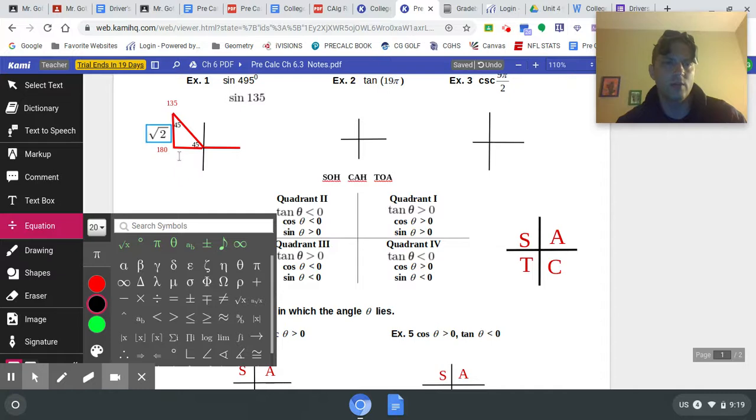That is also a root 2, but it's a negative root 2. We're going to talk more about this here in a little bit. And then last but not least, this guy is a 2. So we want sine. Sine is equal to O over H.